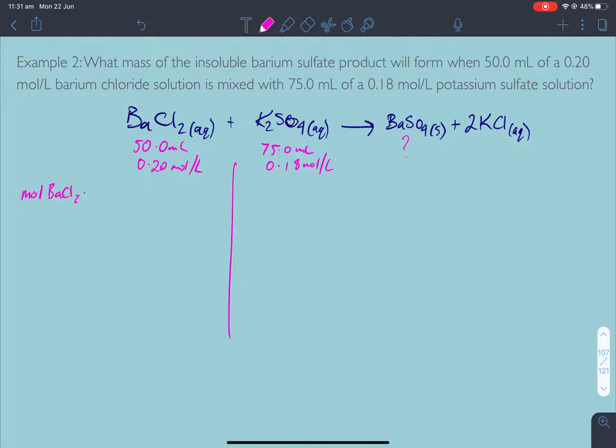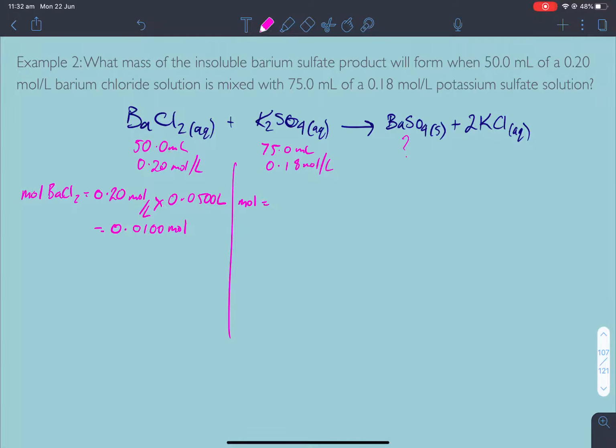Our moles of barium chloride is going to equal our concentration times our volume in litres. 0.20 times 0.05, 0.01 moles.